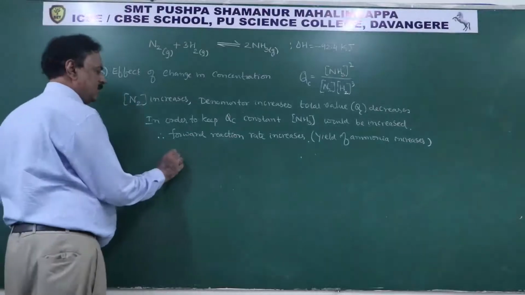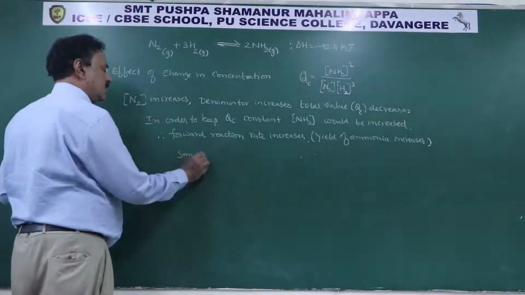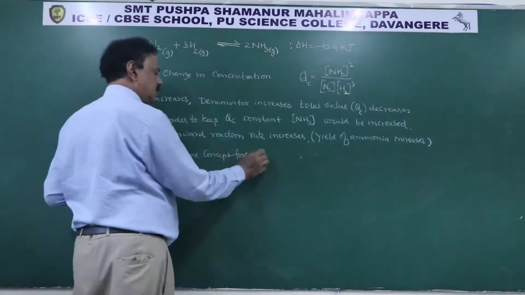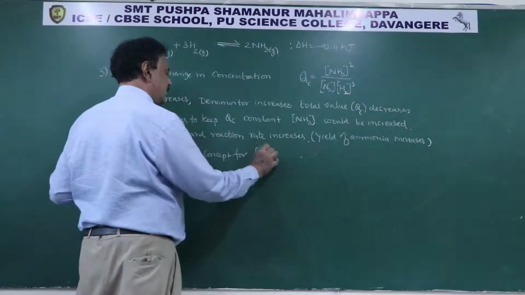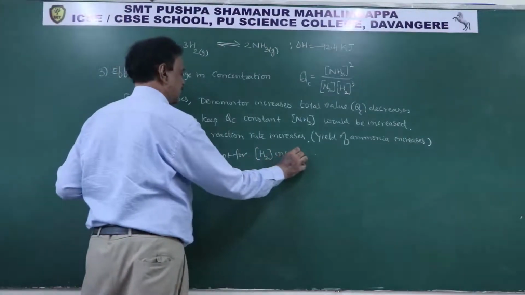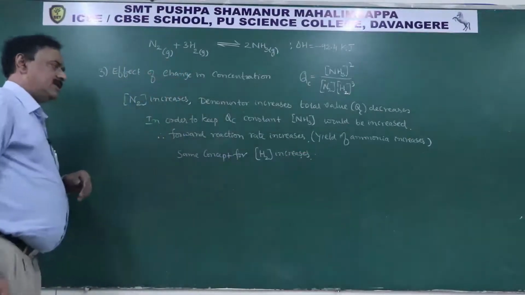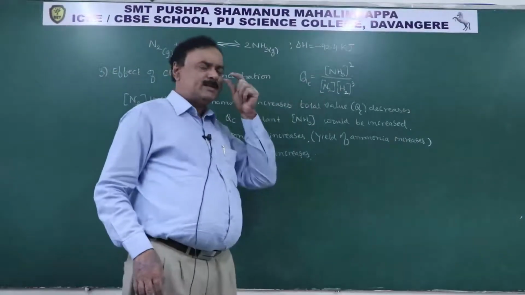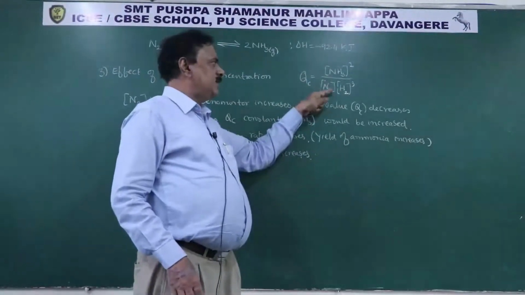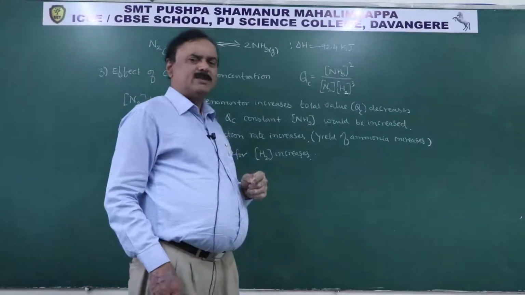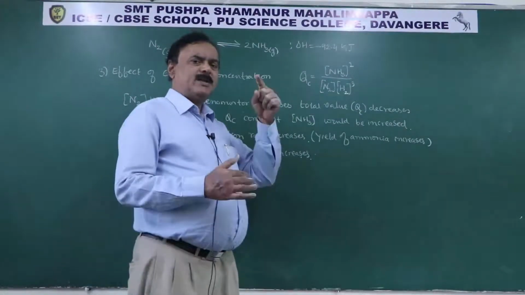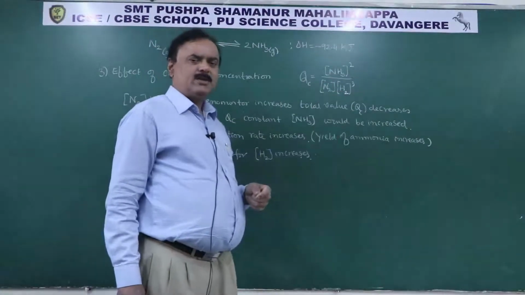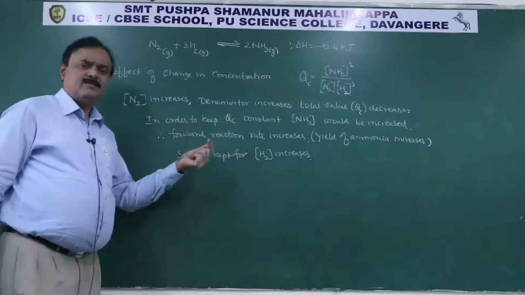The same concept applies when hydrogen concentration increases: the denominator increases and QC decreases. To maintain QC constant, the numerator must increase, so the ratio of ammonia concentration divided by N2 into H2 is always constant. Is it clear?